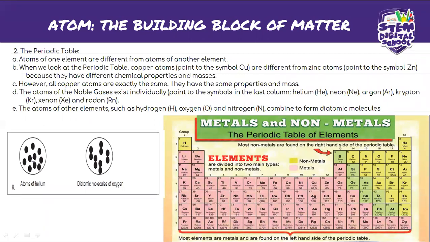So I want you, if you were following, we have the periodic table. I want you to mention 10 metals and non-metals. So metals should be 5 and non-metals should be 5 also. Post your answers so that we will look at them.